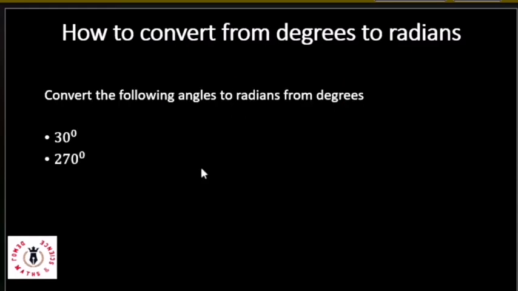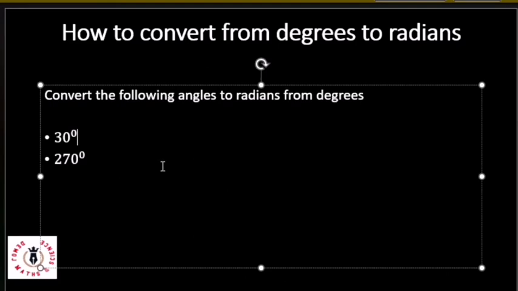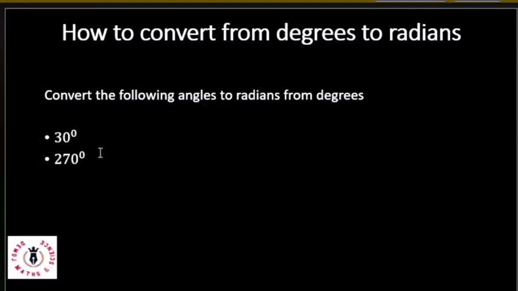The first example in converting from degrees to radians, we've agreed that 1 degree is equal to pi over 180. Now, if we are converting 30 degrees, we'll say 30 degrees is equal to pi over 180 times 30. 30 in 30 is 1, 30 in 180 is obviously 6.